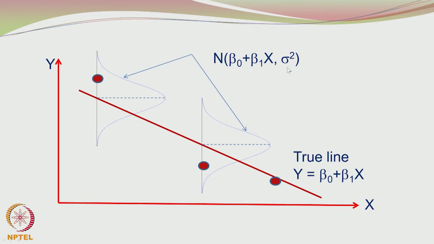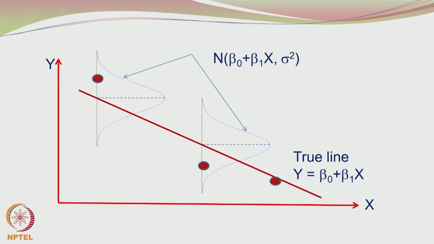Sigma squared is the error variance, which is assumed to be constant. Similarly, at the second location or second level for x, let us call it b, you find the response lying below the true line, and by random fluctuations the third value lies pretty close to the true response.